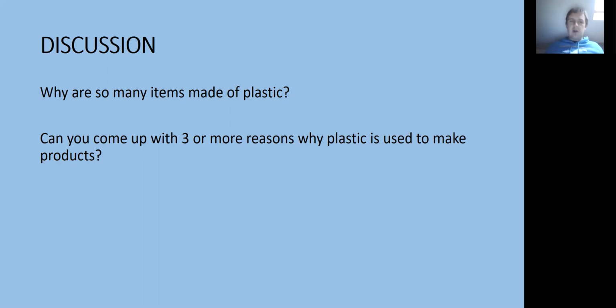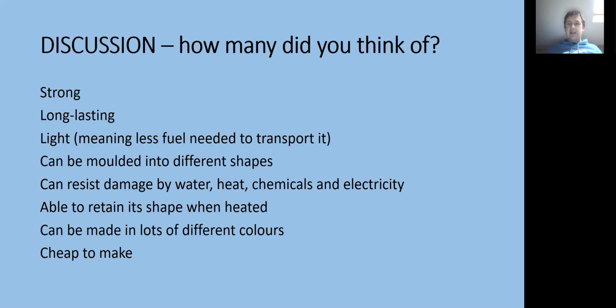Okay, so you may have come up with one of the following reasons. Like we said, plastic is strong. Okay, yes, you can break it, but you have to put a bit of effort into it. It's long lasting. Okay, if I was to leave some wood outside, let's say I left a piece of wood in my garden.